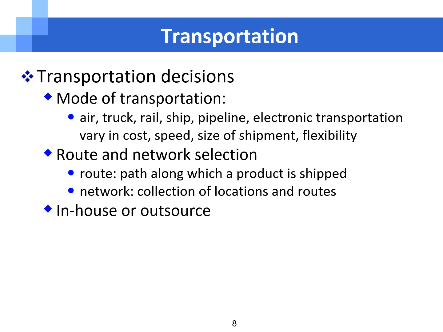Another decision is route and network selection, the design of the transportation network. The transportation network is the collection of transportation modes, locations, and routes along which product can be shipped. A company must decide whether transportation from a supply source will be direct to the demand point or will go through intermediate consolidation points.